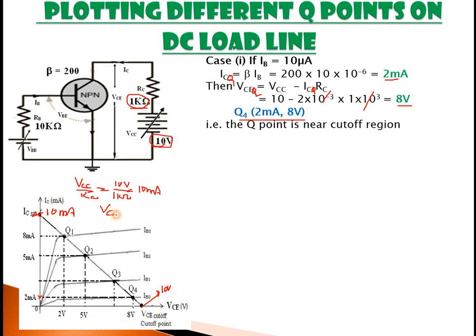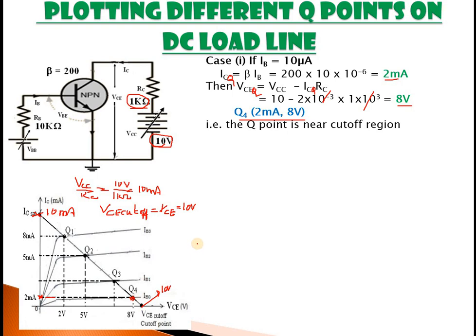So I have marked here, these are the end points. If this is 10, the middle one will be 5, somewhere this will be 2.5 or 2. So 2 milliamps and 8 volt is somewhere near 10 volt. So if I take this line, I will get the Q point here.